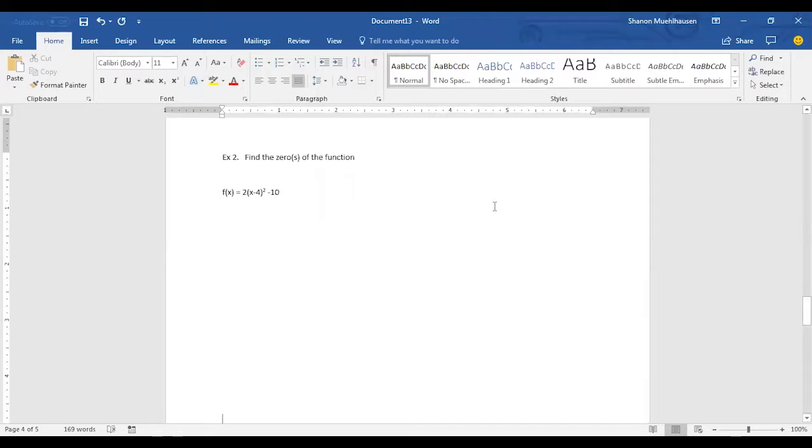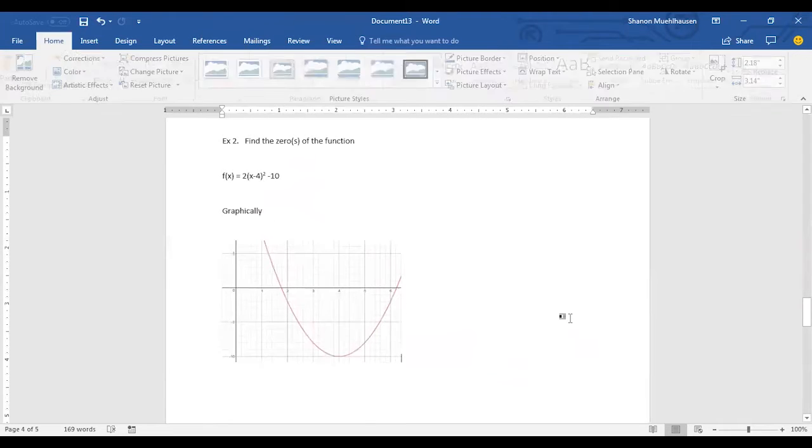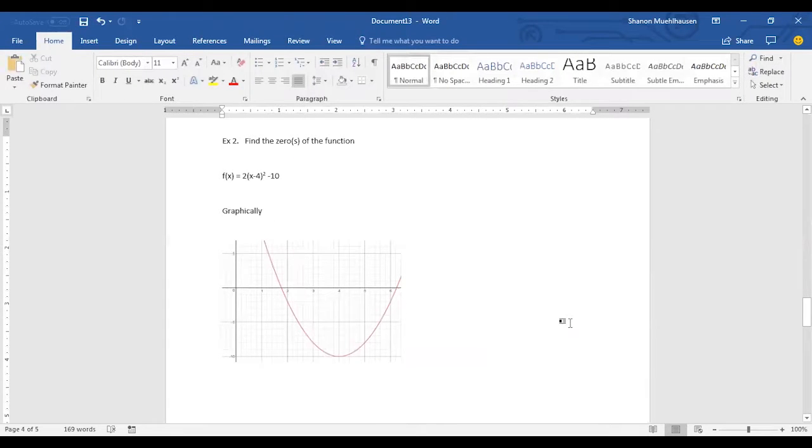Example 2, find the zeros of the function. Here we can see we have a quadratic function. If we made a graph of this using technology, we could find the zeros. So here I've made a graph, and I can see that I have a 0 really close to 1.8, and another one pretty close to 6.2.